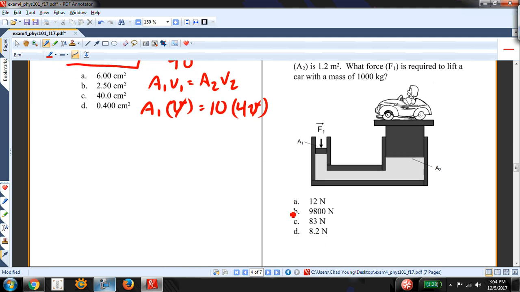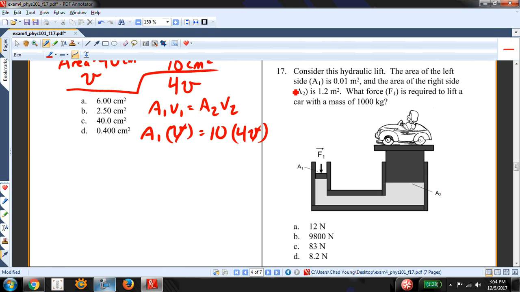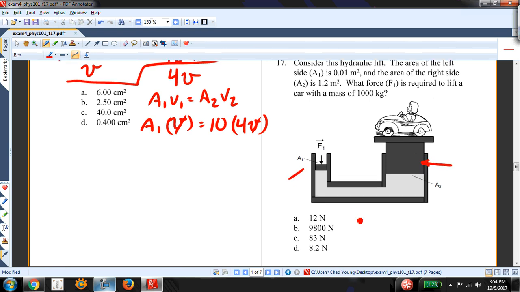Scissors hydraulic lift. The area over here is 0.01. The area over here is 1.2. I use Pascal's principle. F1 over A1, that's the pressure on the left side, is equal to the pressure on the right side, F2 over A2. So I'm looking for F1.